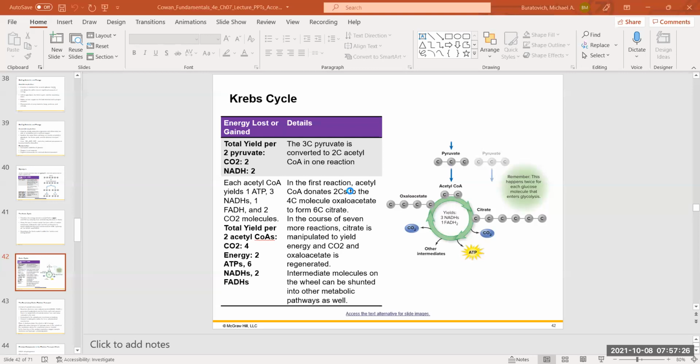All right, now we get to the Krebs cycle. The Krebs cycle is not a linear pathway like glycolysis, it's cyclical. Your first substrate is a molecule called oxaloacetate.